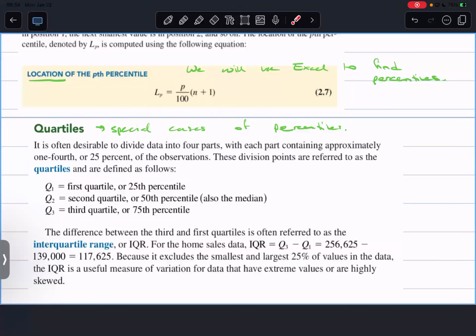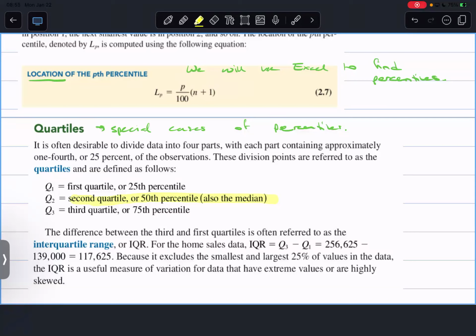What could you do? You could sort it from smallest to largest, and then we could split it in half. We found the median that way, the point that separates the lower half from the upper half. It means the median is the 50th percentile. So we already found a percentile earlier when we were talking about the median. The median is the 50th percentile, but we also call it the second quartile, because we can split our data into quarters.